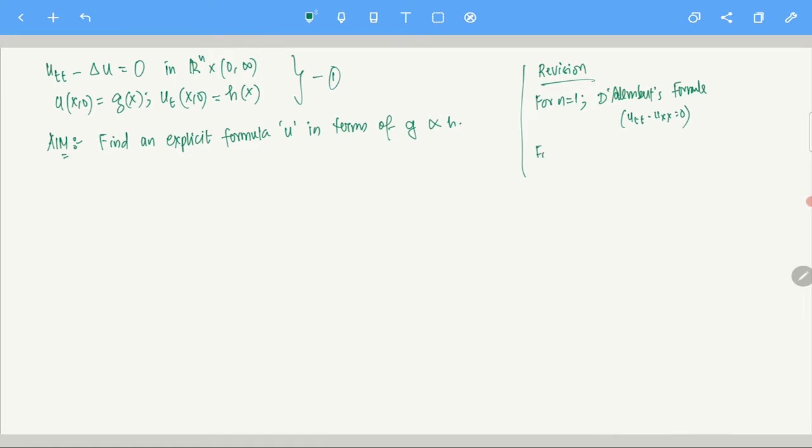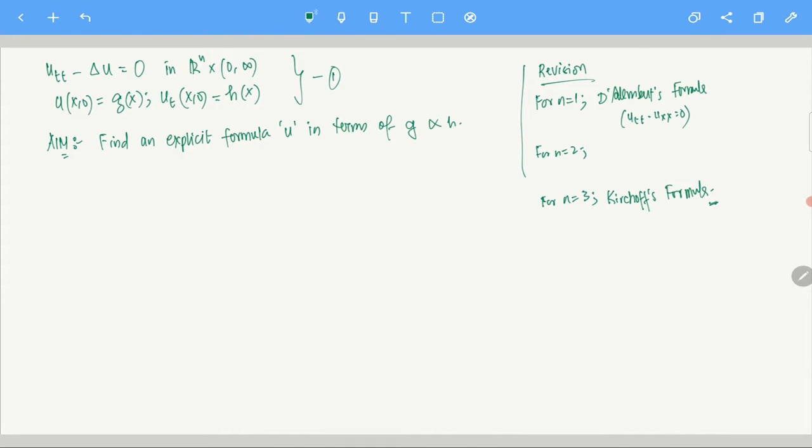For n equals 3, we had the formula which we called Kirchhoff's formula. I am not writing all that because it's already done. And for n equals 2, with the help of Kirchhoff's formula and of course D'Alembert's formula.